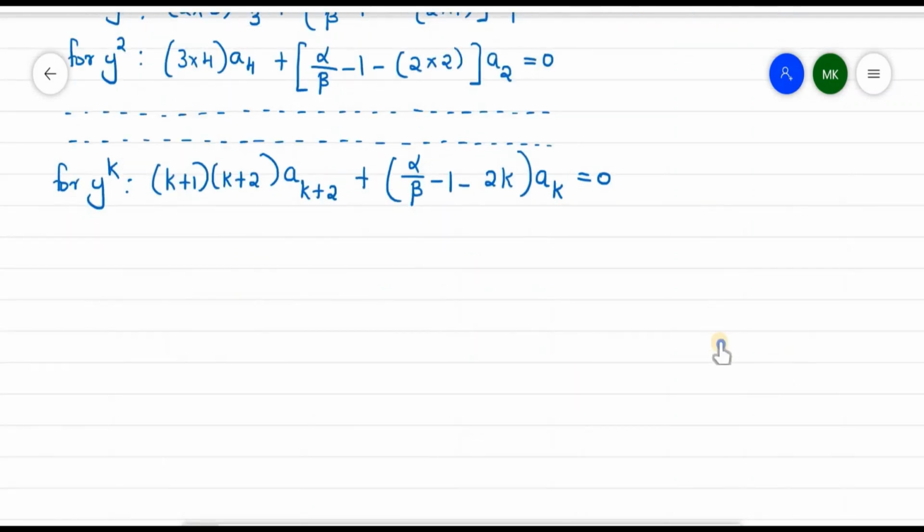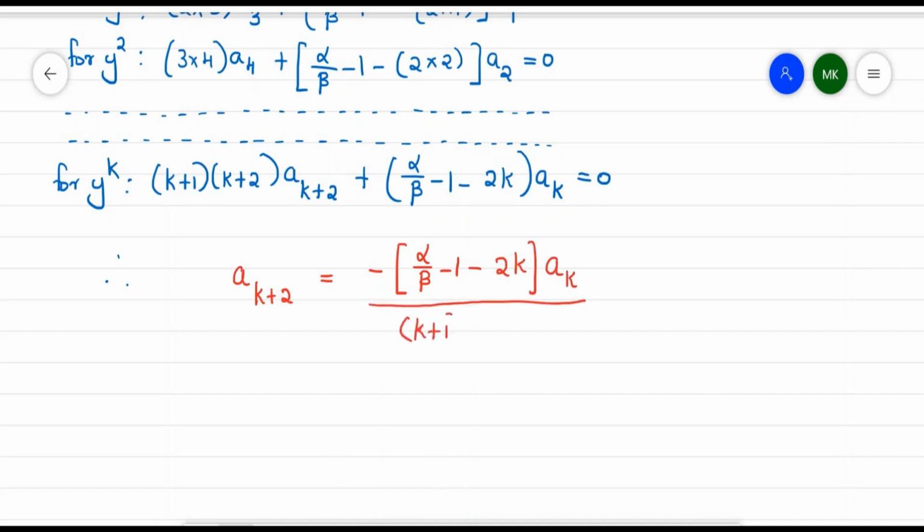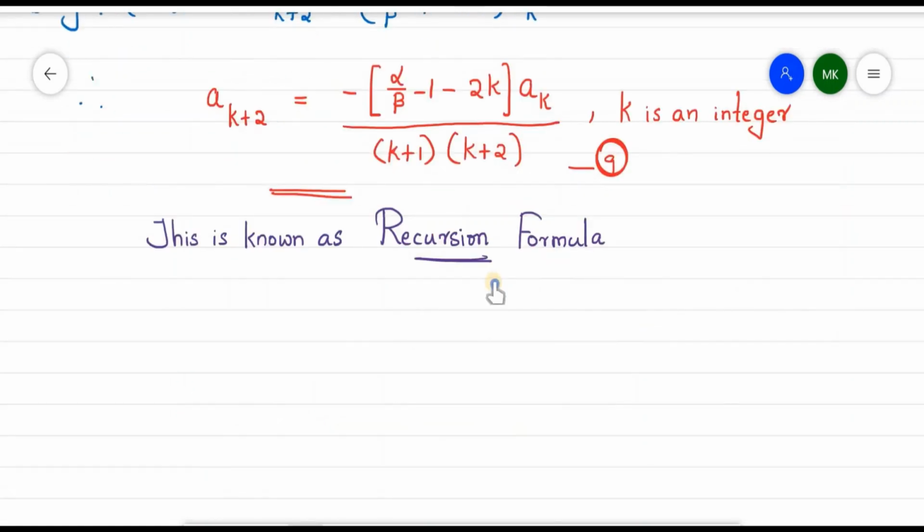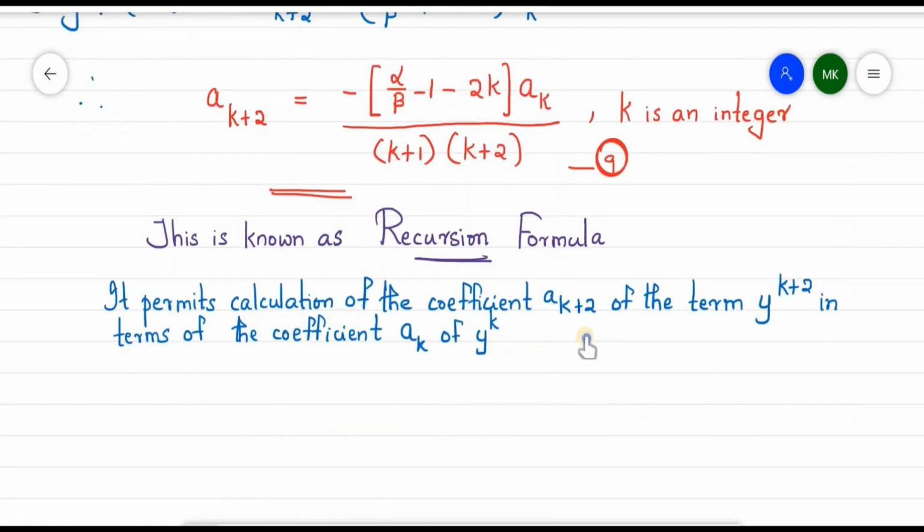Therefore, we can write ak plus 2 equals minus alpha by beta minus 1 minus 2k into ak divided by k plus 1 into k plus 2, where k is an integer. And this equation is known as recursion formula. It permits the calculation of the coefficient ak plus 2 of the term y raised to k plus 2 in terms of the coefficient ak of y raised to k.